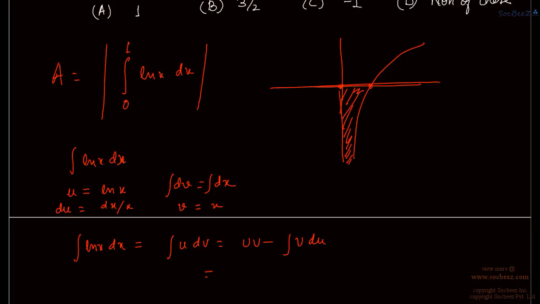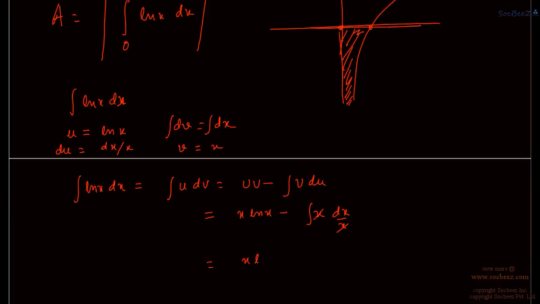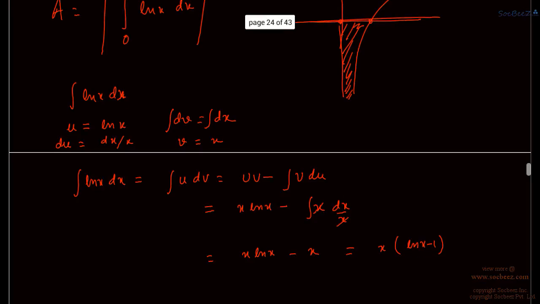What is u? u is ln x and v is x. So x ln x minus integration of v du. v du is x times dx upon x, that is x will be cancelled, so simply dx. So further we have x ln x minus x, that means taking x as common, x times ln x minus 1 as the indefinite integral.